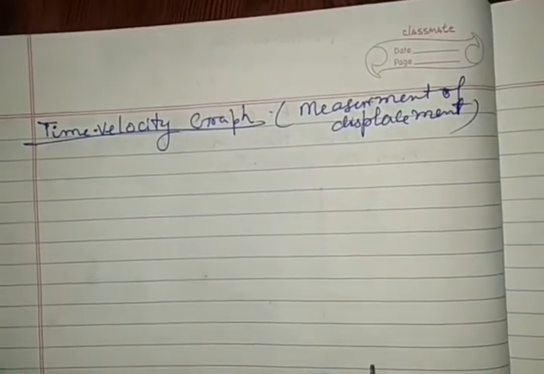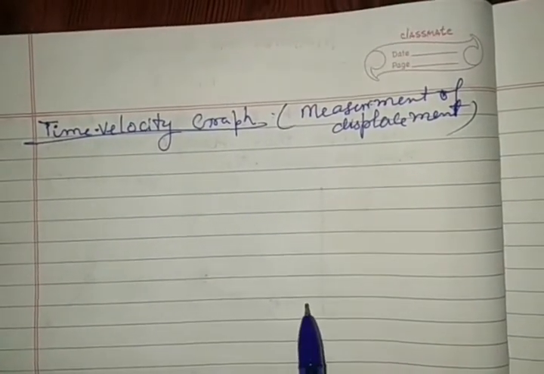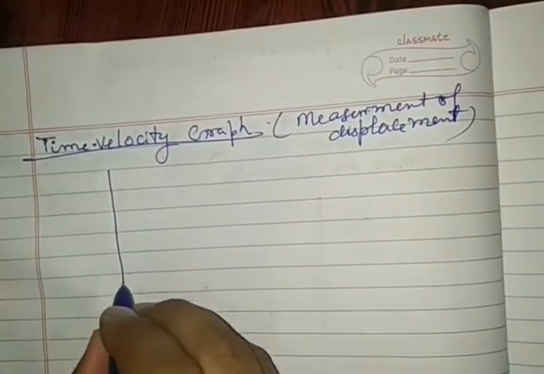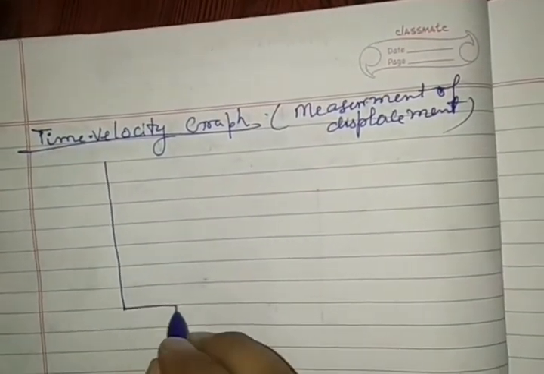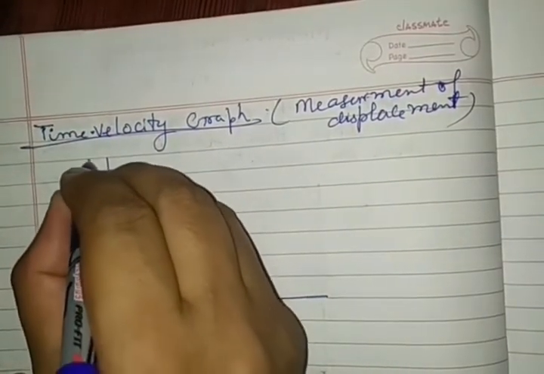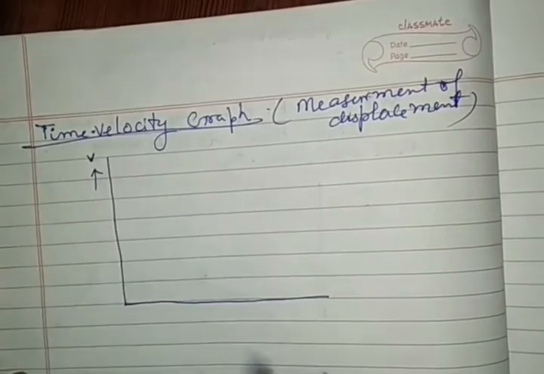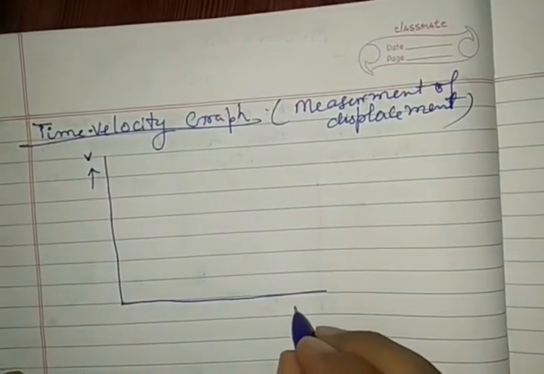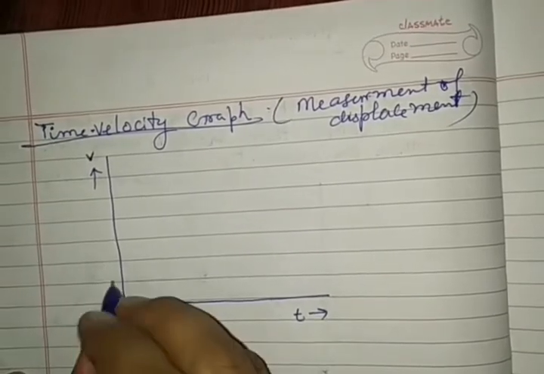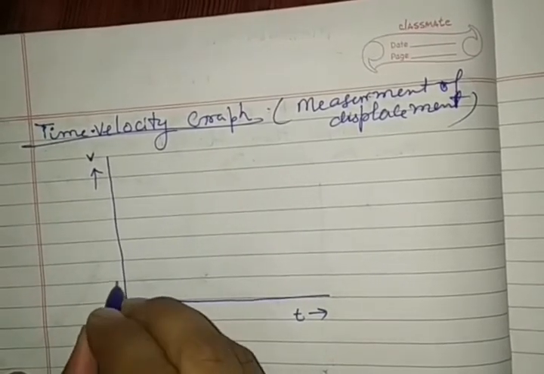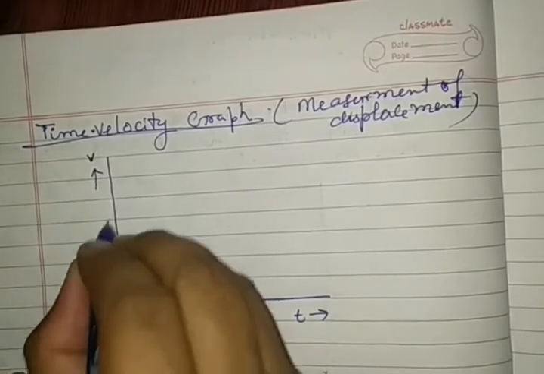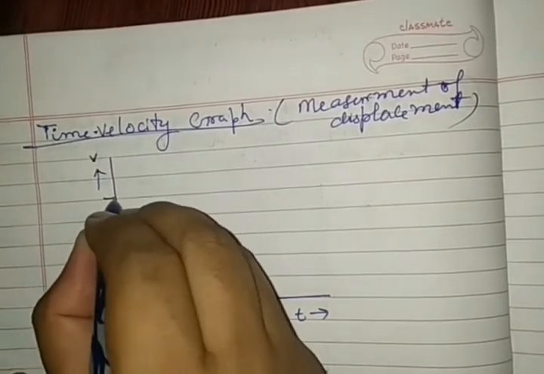This is a velocity time graph or velocity time curve. Here in velocity time curve also, velocity we are representing on y-axis and time on x-axis. 0, let velocity 1, 2, 3, 4, 5.